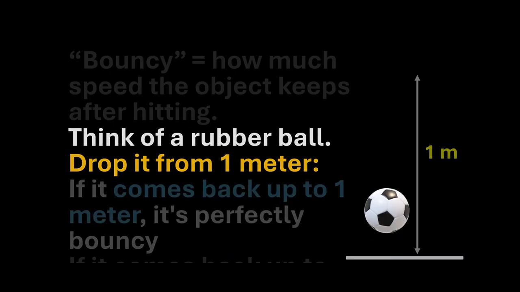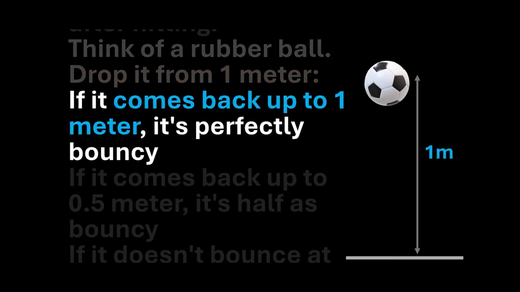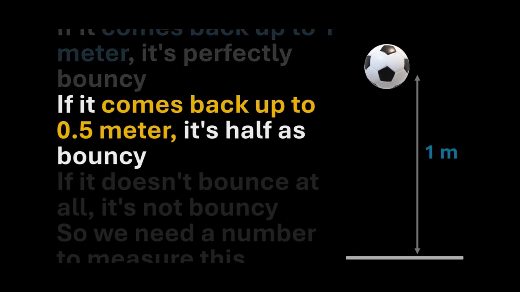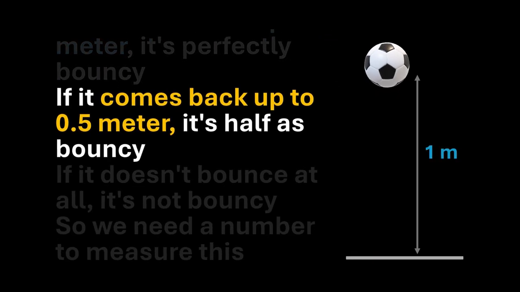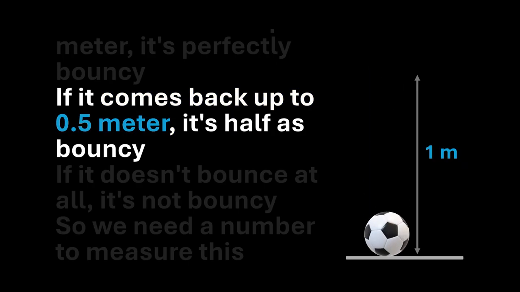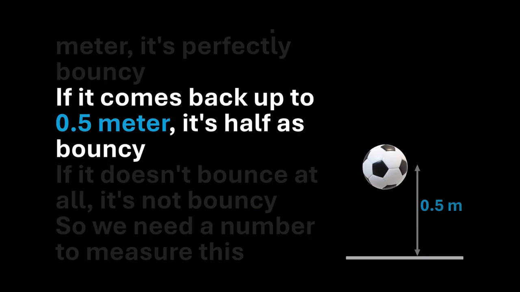If this ball comes back to 1 meter, the same height from which it is dropped, this collision is perfectly bouncy. Instead, if it comes back only to 0.5 meter, it is half as bouncy as in the first case.